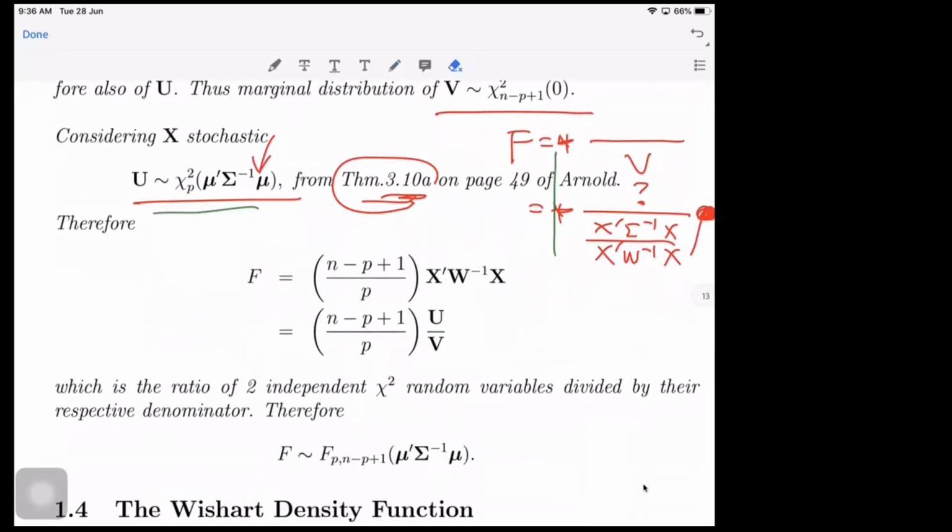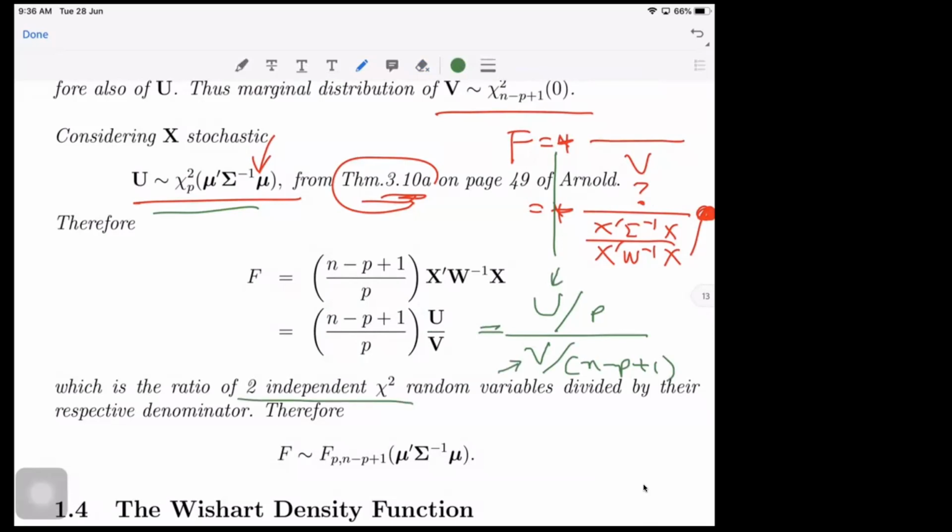So actually, what is happening here is U over p and V over n minus p plus 1. But U is non-central chi-square, V is central chi-square. The ratio of two independent chi-squares will be F distributed.